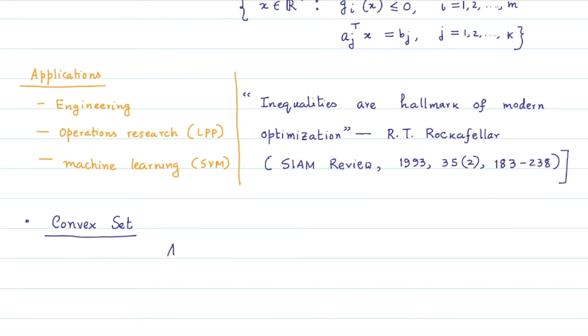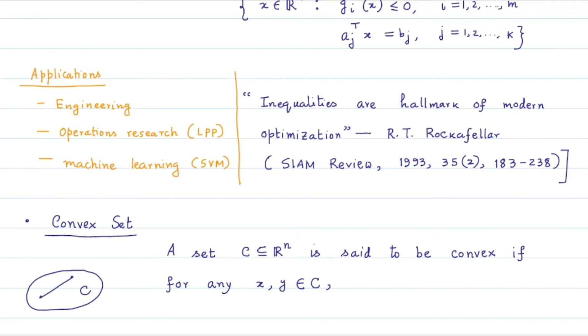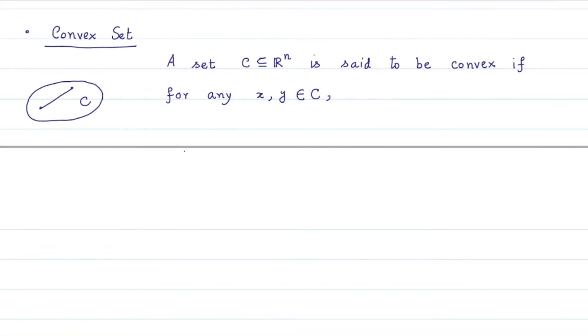A subset of R^n, say capital C, is said to be convex if for any pair of points, say x and y, inside the set capital C, the line segment joining these 2 points x and y also lies inside the set capital C. That is, for any given lambda between 0 and 1, the point lambda x plus 1 minus lambda times y belongs to the set capital C.